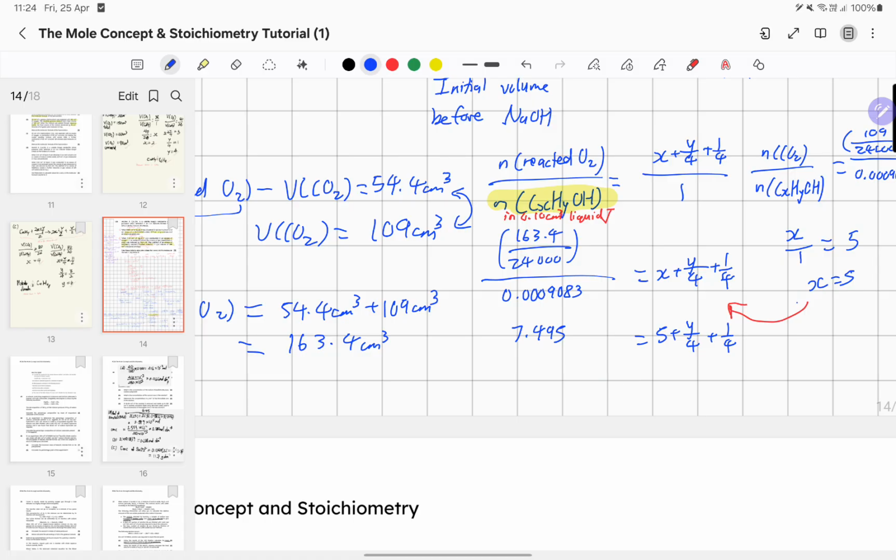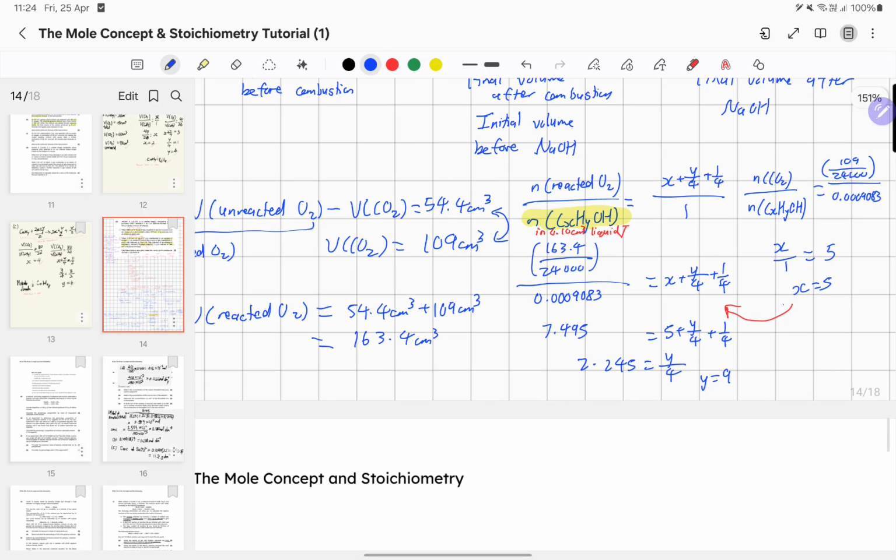So minus 5, minus 1 quarter, and this one will be 2.245 equals y over 4. You multiply this by 4, you'll see that y is 9. Okay, so because of these two, then you can conclude the molecular formula is C5H9OH.